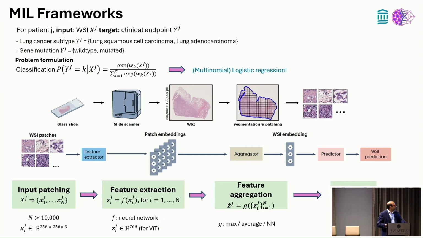But looking at the overall pipeline, the most important component we found was the feature extraction component, and there's all this work being done in self-supervision. So we started to focus more on trying to train some of these self-supervised models. In 2020 there was a NeurIPS article where we showed that you can make use of the hierarchy within the pathology image and train some of these models to improve feature representation at the level of the patch and at the level of the entire slide as well.